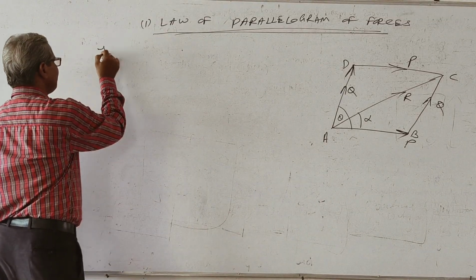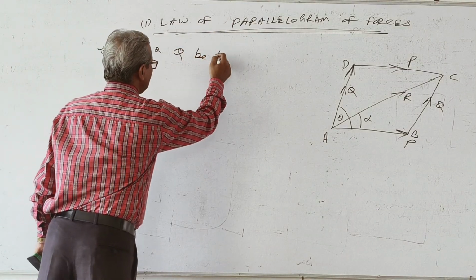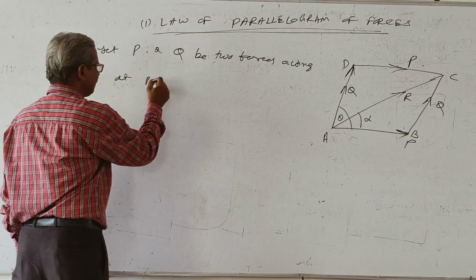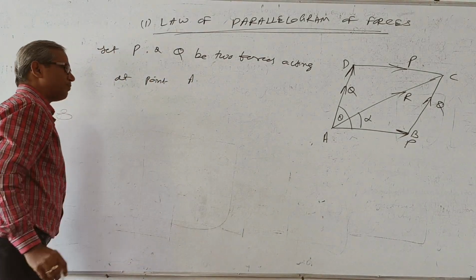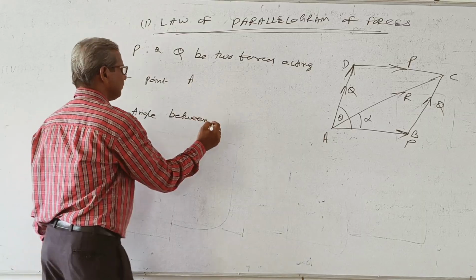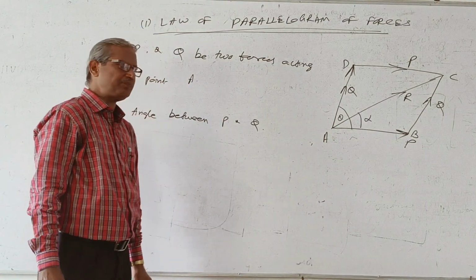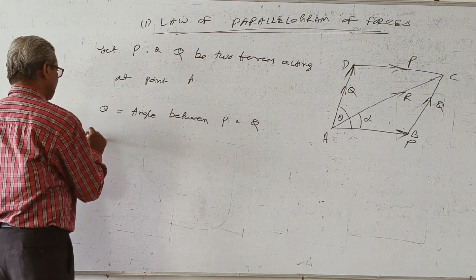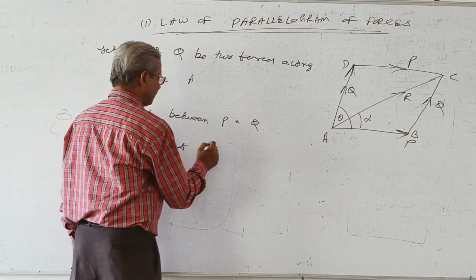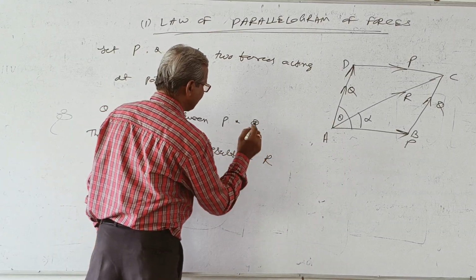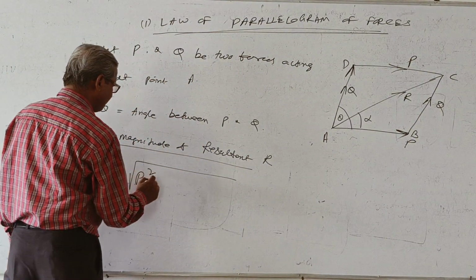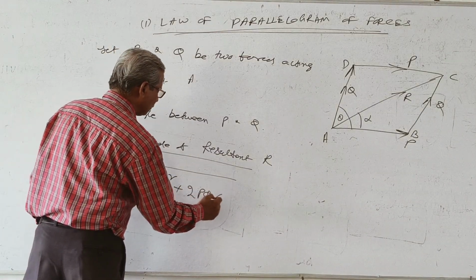Let P and Q be two forces acting at point A. Theta is equal to the angle between P and Q. Then the magnitude of resultant R is equal to root over P square plus Q square plus 2PQ cos theta.